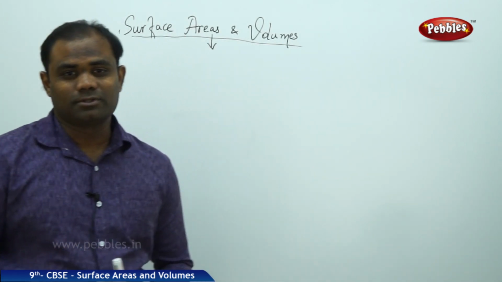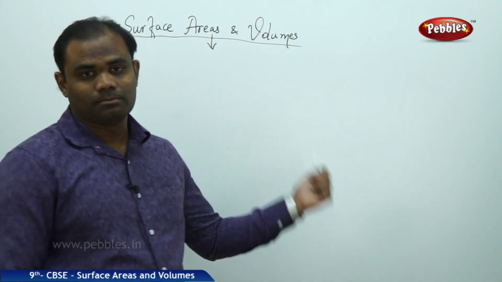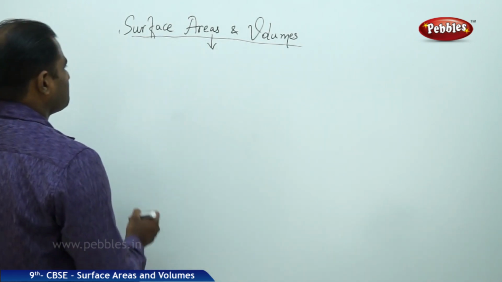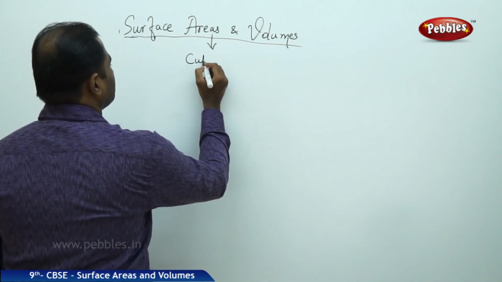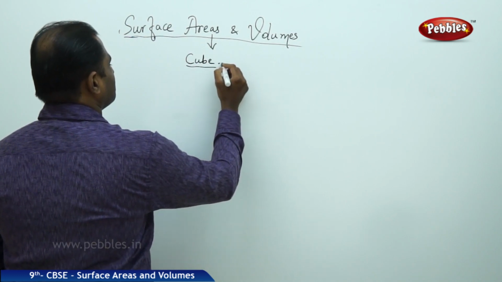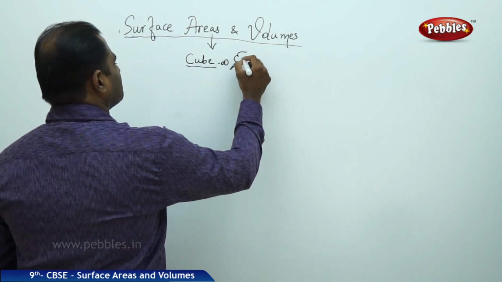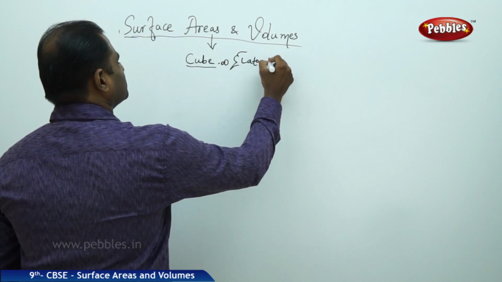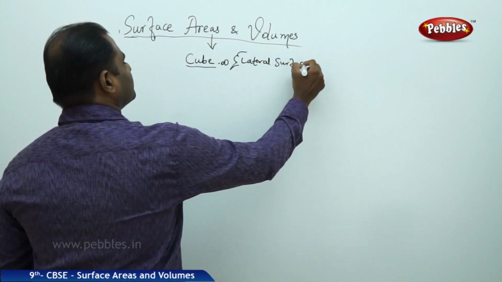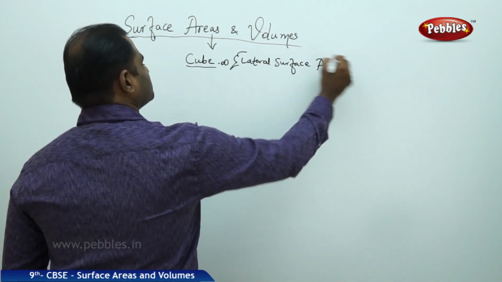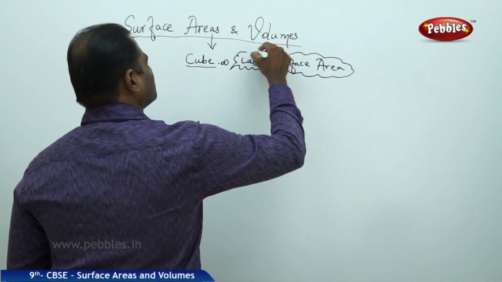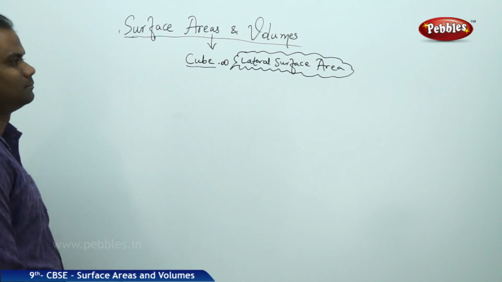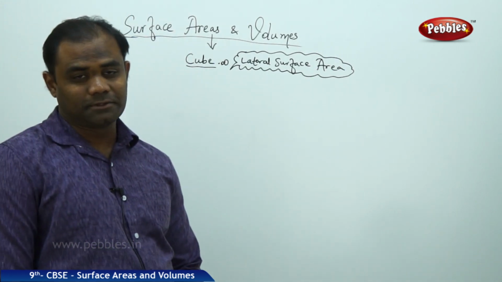Let's apply the same concept of the cuboid to the cube. Lateral surface area. So what is the lateral surface area of a cube?